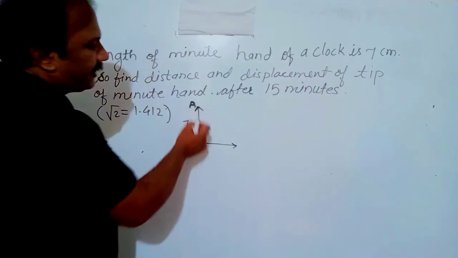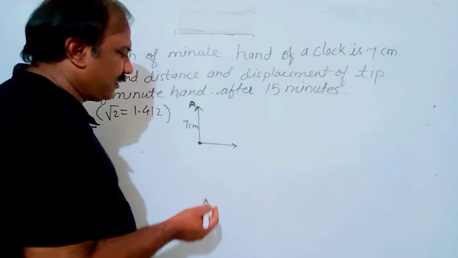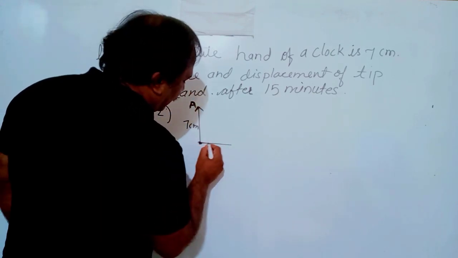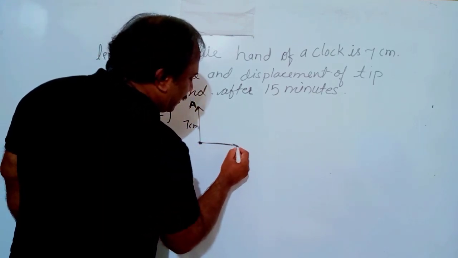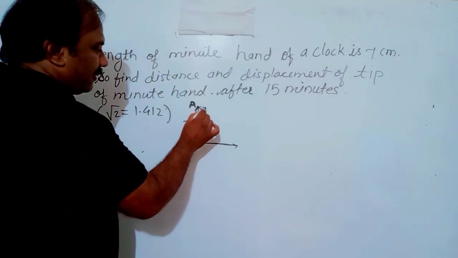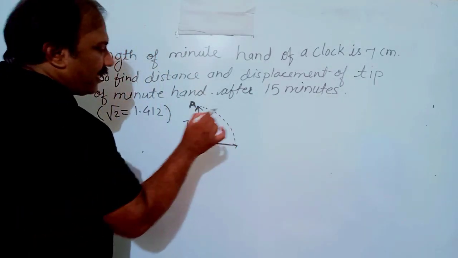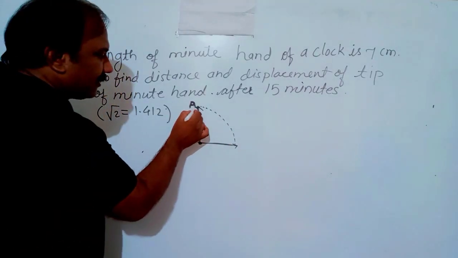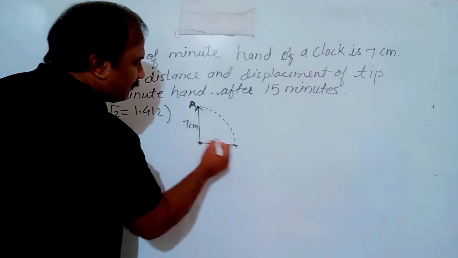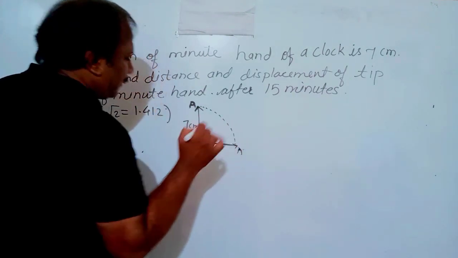Now the length of the minute hand will remain constant, but after 15 minutes, the position of this minute hand will be here. So this is the path traveled by the tip of the minute hand. So this position A is now here.